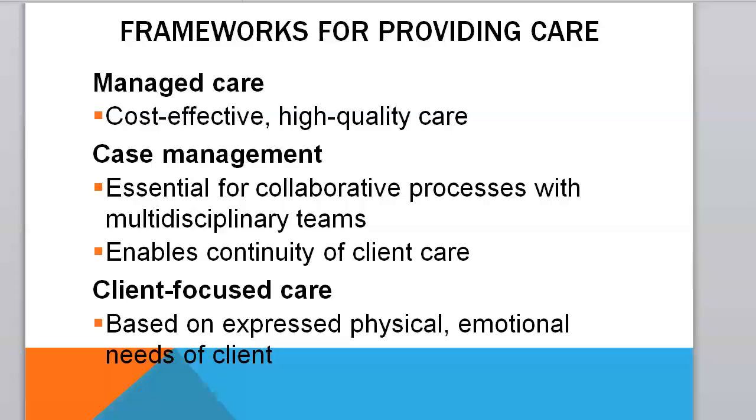So let's talk about the differences between HMOs, which are health maintenance organizations, and PPOs, which are preferred provider organizations. And I want you to really pay attention and listen to this, because students always seem to get this wrong on the test, and I want to make sure that you do understand it when we talk about managed care.